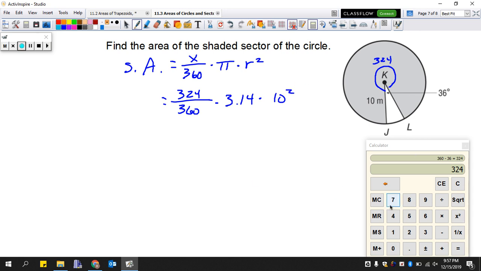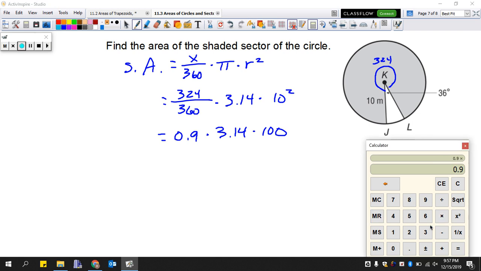Okay, 324 divided by 360 is equal to 0.9 times 3.14 times 100, which is 10 squared.